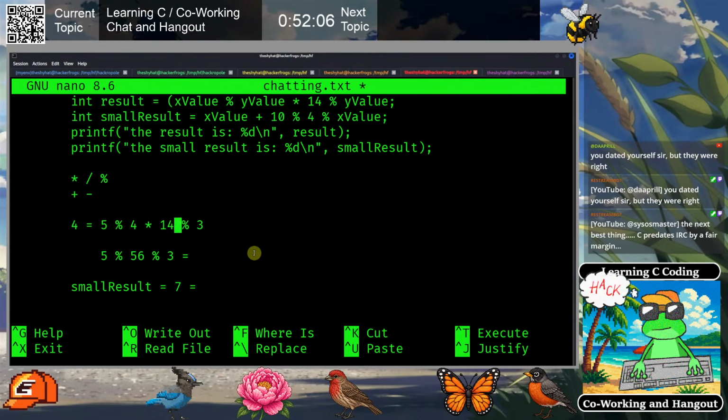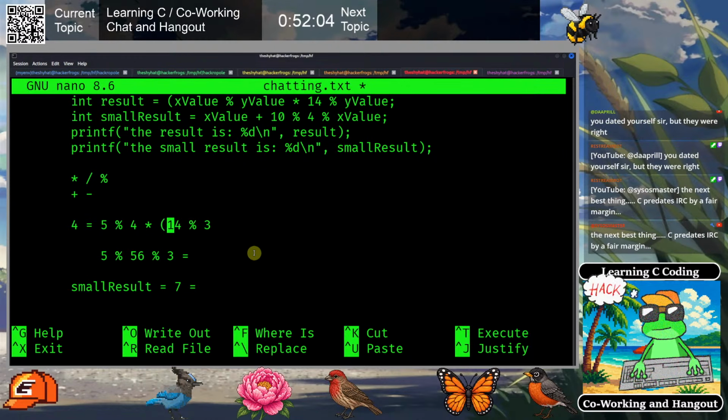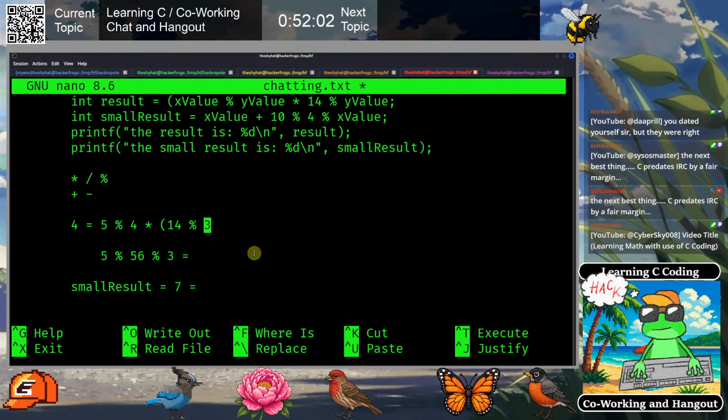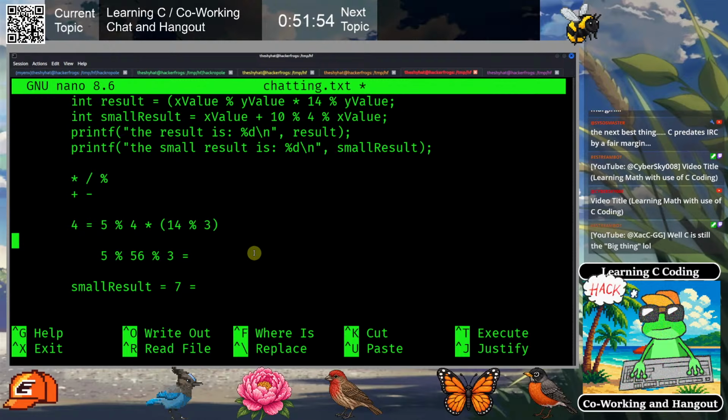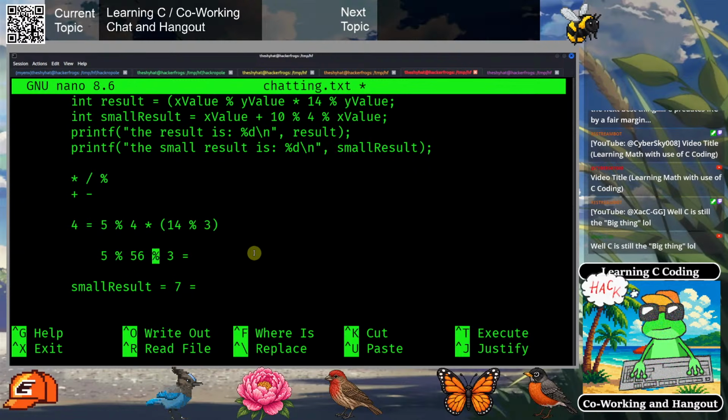So this can't be... So we need to take this result first, I think. So 14 modulo 3, that's 2, right? So it has to be something times 2.